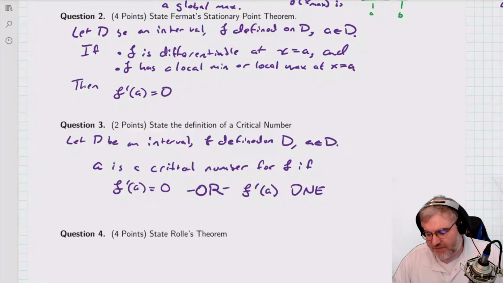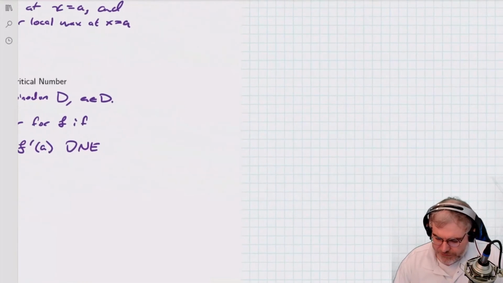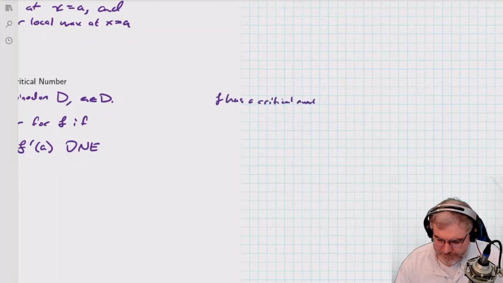You could even say something like, alternative: f has a critical number at x if f prime of x equals 0, or f prime of x does not exist.